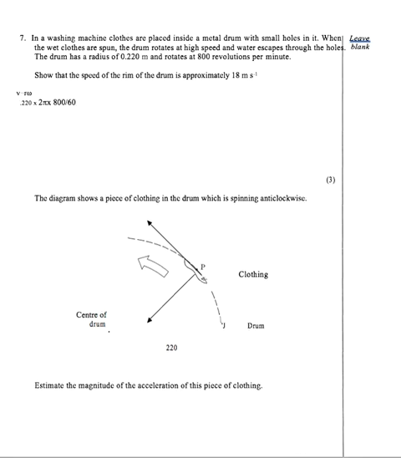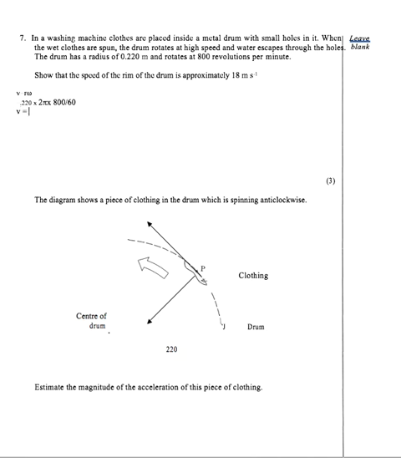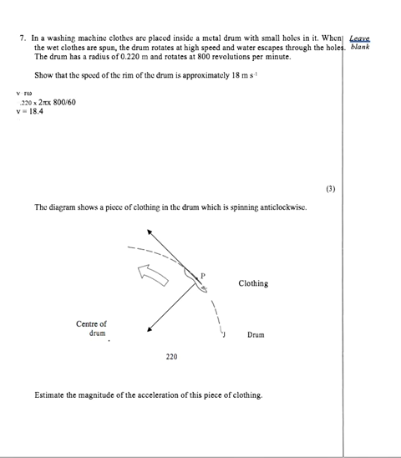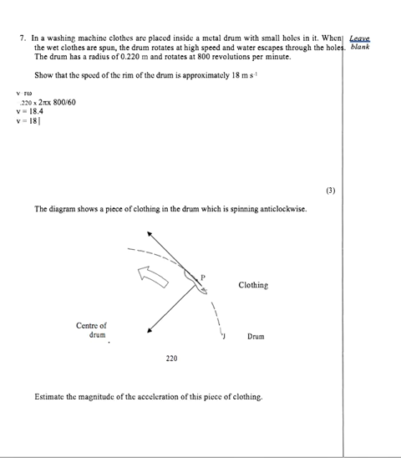And that gives us v equal to 18.4 meters per second, which to 2 sig figs is 18 meters per second.